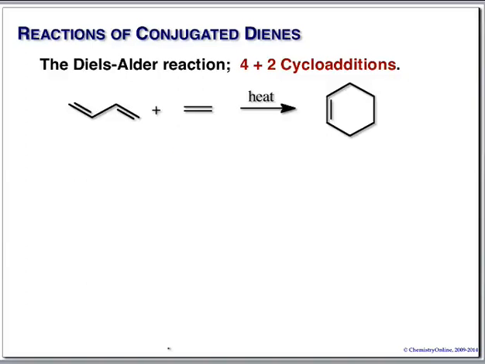Here's a reaction we just looked at. Our diene is simply 1,3-butadiene. Ethene is our dienophile, and we make cyclohexene.